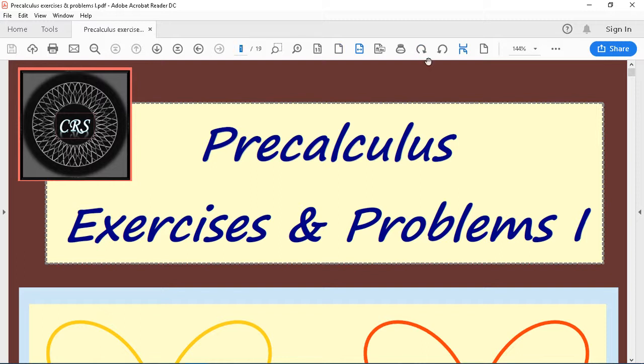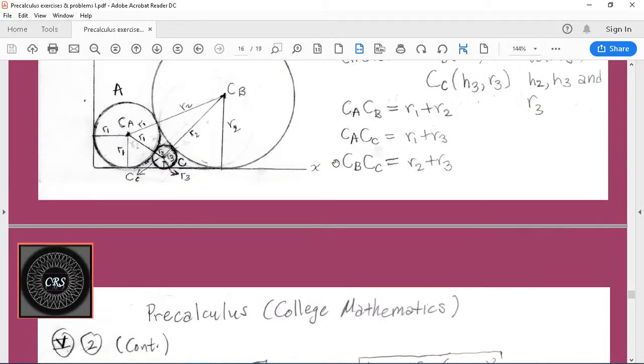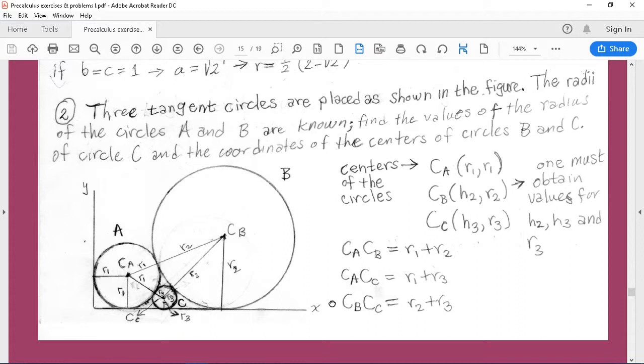In this video we are going to continue with problems in geometry and analytic geometry. This next problem requires that we refer to the following figure. Here we have three tangent circles of which the radii are known.